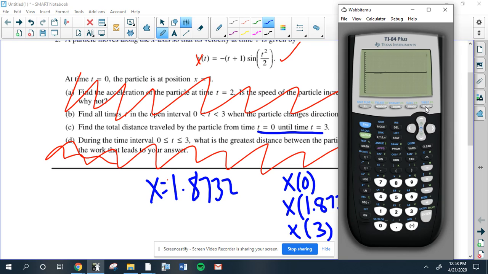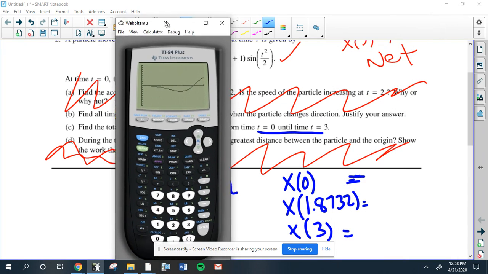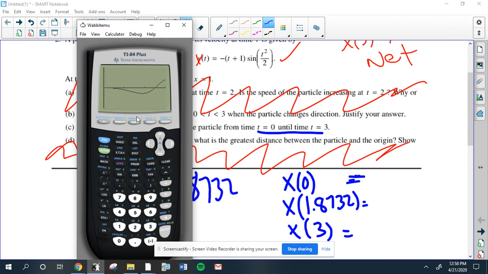So assuming I typed it in correctly, I'm going to now get the values at all of these values. So x of 0 is 0 because the graph looks like it's 0 and the sine of 0 is 0. I don't need to worry about that.